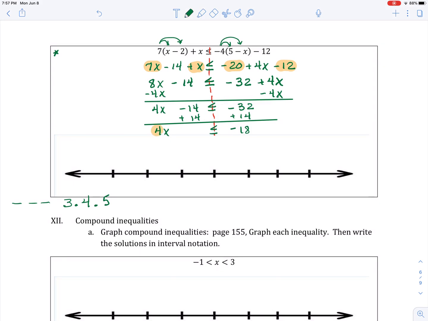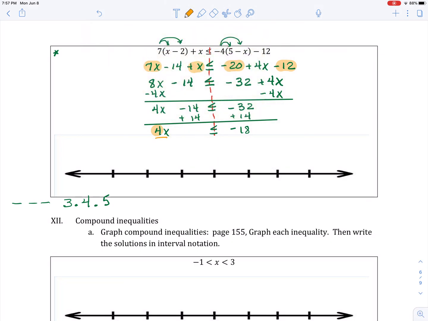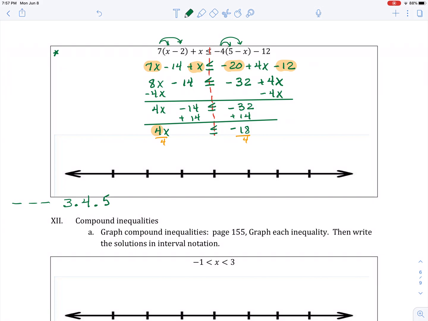I'm dividing by a positive number this time, so no reversal on the inequality. It only reverses when you divide or multiply by a negative quantity. So this is going to be x, this is going to remain less than or equal to, and I think I'll just reduce this down to negative 9 over 2.